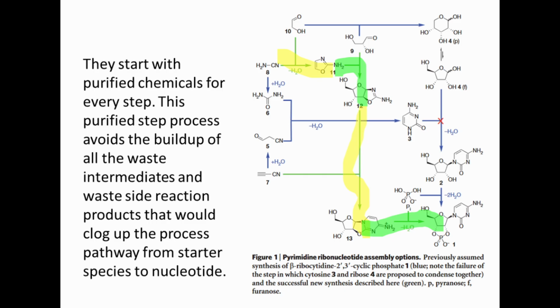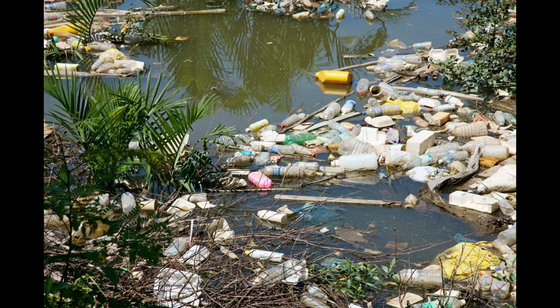They start with purified chemicals for every step. This purified step process avoids the buildup of all the waste intermediates and waste side reaction products that would clog up the process pathway from starter species to nucleotide. The purified lab step is not what would occur in nature, where all the side reaction waste might hinder a good yield.